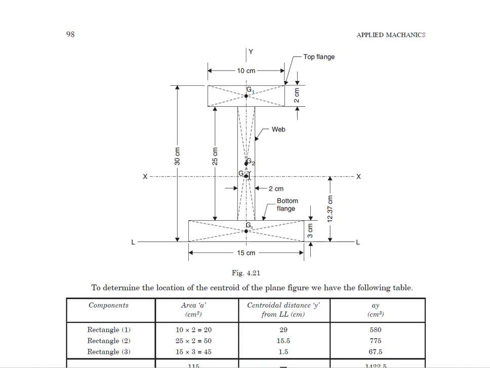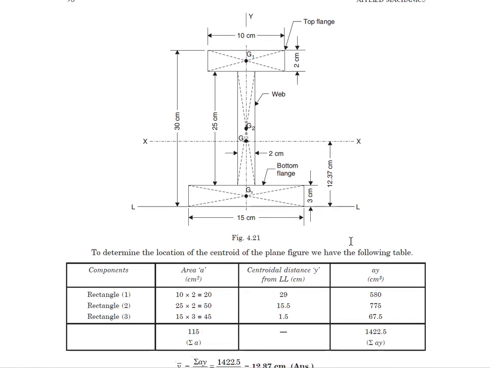Okay, but we need to find the y position, that is the distance from the x axis. So first of all, we consider the bottom line, that is the LL line, as a reference. Okay, and we find the distance of the CG of each area from this line.